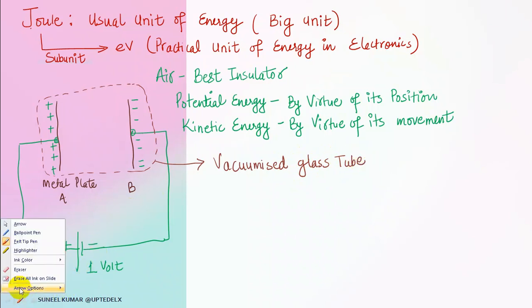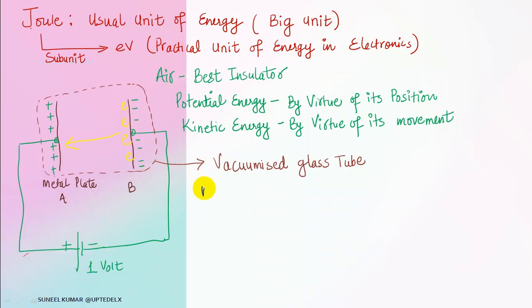Now what will happen? Now the electron will start moving from this metal plate to metal plate A, and now this electron has kinetic energy because it has some mass.